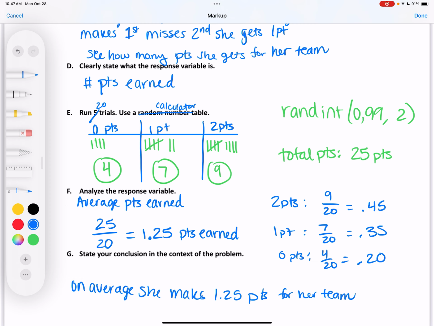I mean, she had a lot of times where she would make the first and the second. It's good that you can at least make one. Having a free throw percentage that's higher is typically better. Basically, 20% of the time she didn't earn any points, which is about right.